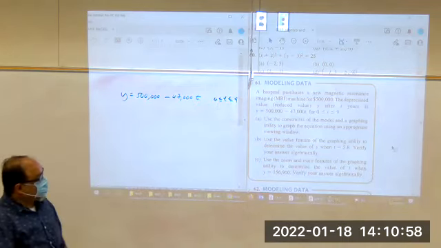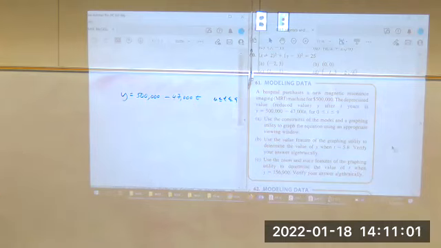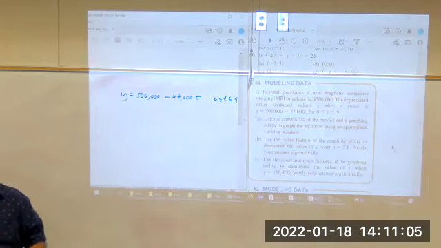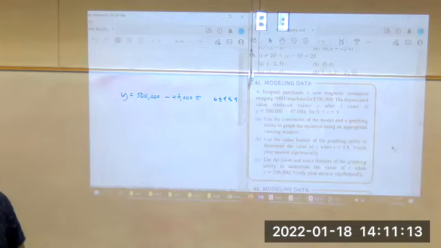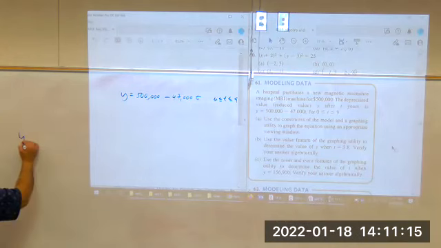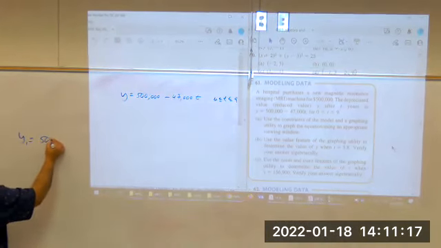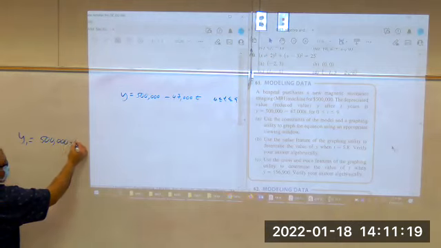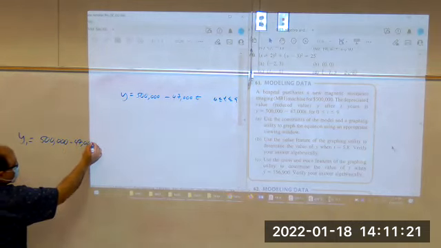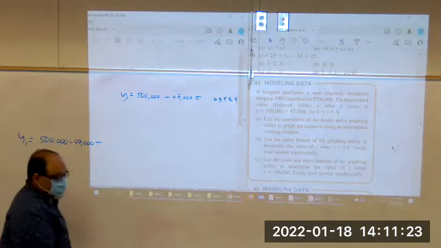Use the constraints of the model and the graphing utility to graph the equation using an appropriate viewing window. Now, here's the biggest problem when I see a student do this problem for the first time. They press the t, and it won't graph for them. So they'll try to go y sub 1 is equal to 500,000 minus 47,000, and they'll press that t.